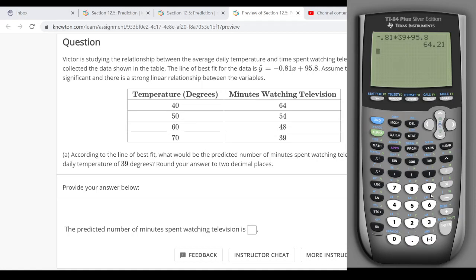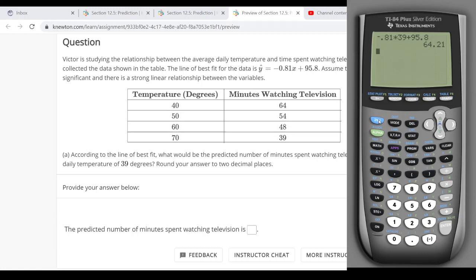Why not 64.2 on 39-degree temperature days? Now it's unreliable because it's outside our data, right? This is an extrapolated value, but it's not unreasonable, I wouldn't say, right? It's not like it came up 180 minutes all of a sudden. He's watching 3 hours of television when he was only watching 1 hour at the 40-degree temperature days.